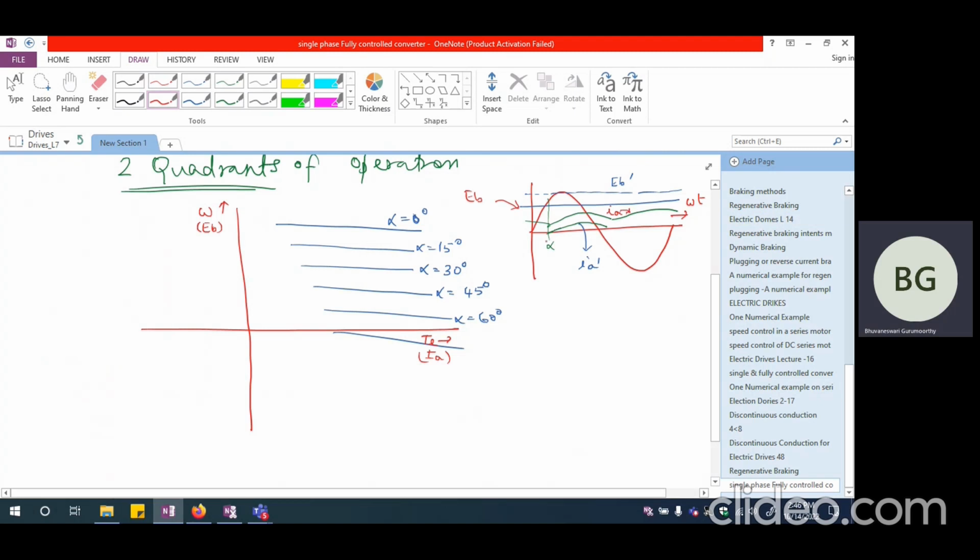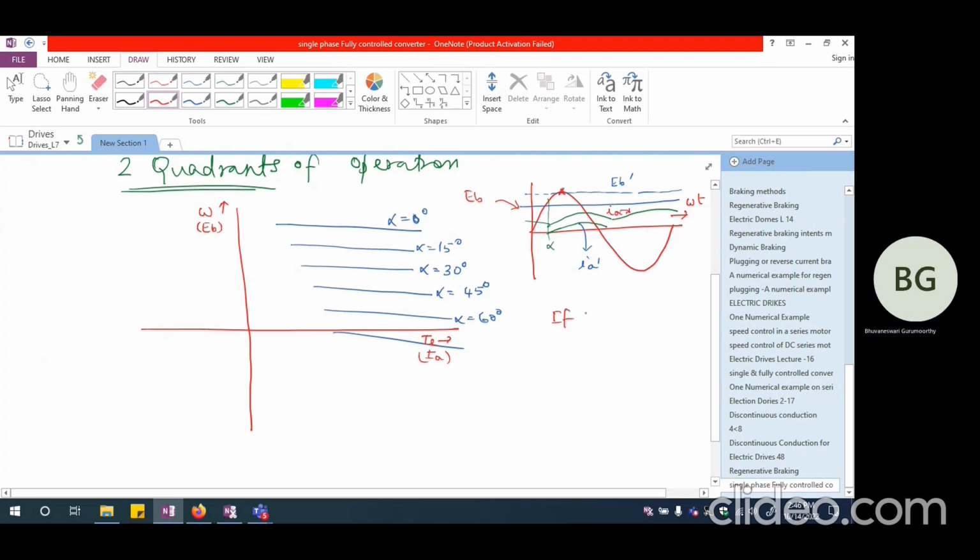So once I throw off more and more load and I'm going more towards no load, at that point the back EMF is going to increase quite a bit. The maximum value of back EMF theoretically is that point where EB average value is equal to the peak of the sinusoidal voltage.